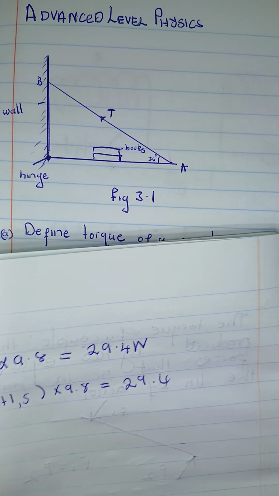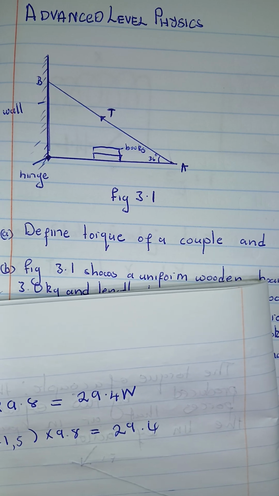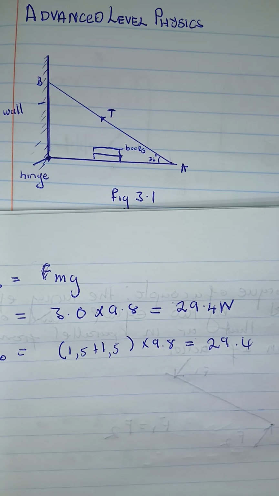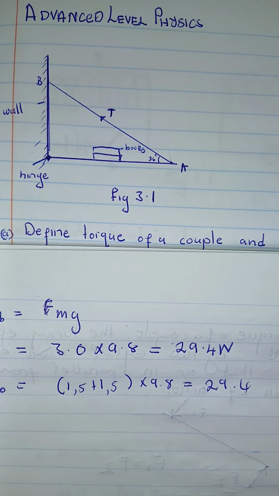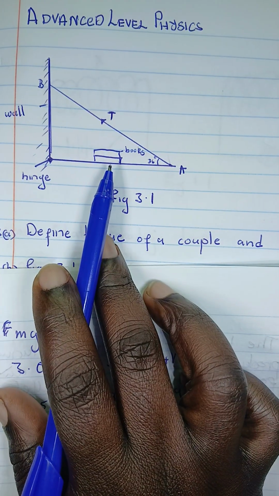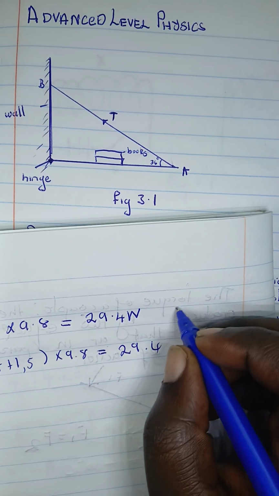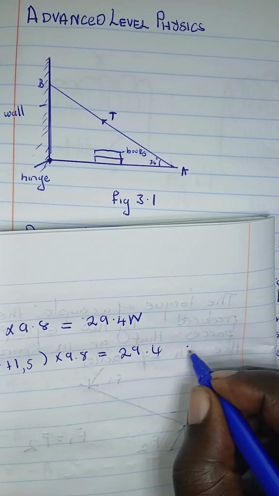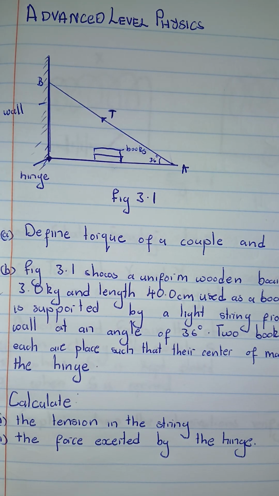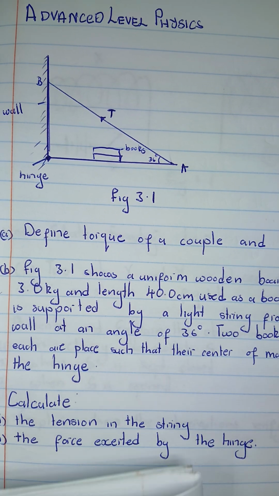So after I've calculated like this, I'm going to draw my diagram. But before I draw my diagram, I need to make my conversions pertaining to the distances. The weight of the books is acting at 0.25 meters, remember that the books are placed such that the center of mass is 25 centimeters from the hinge.